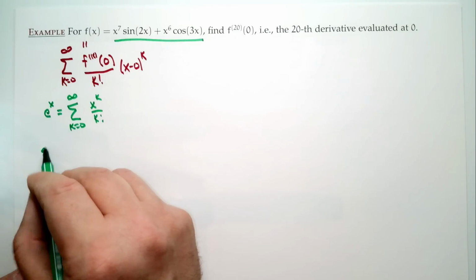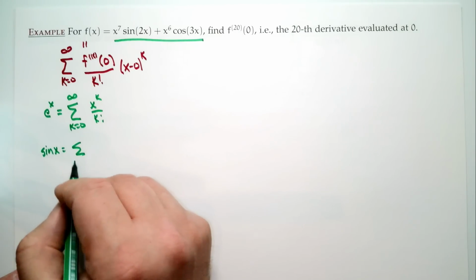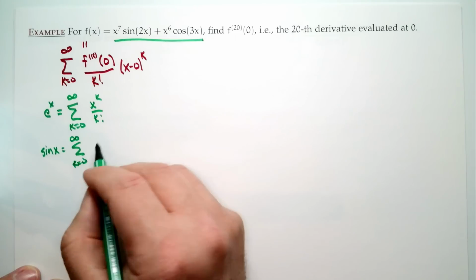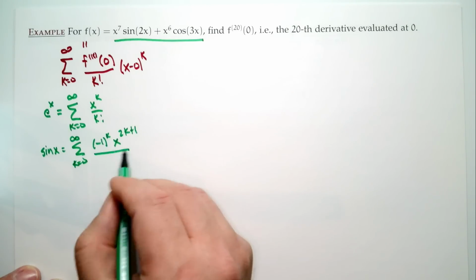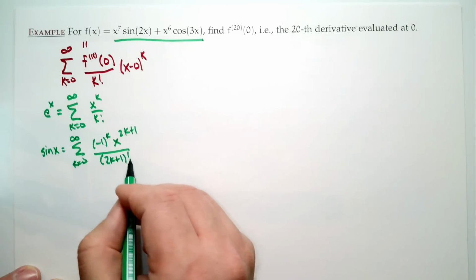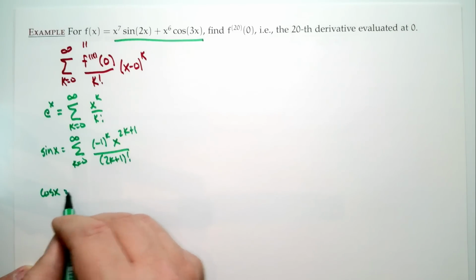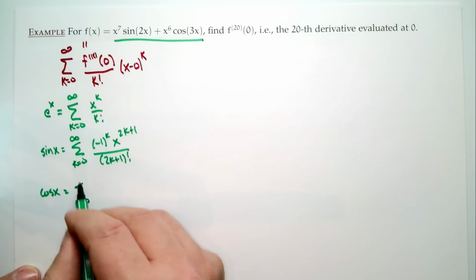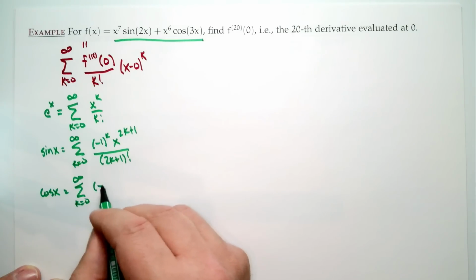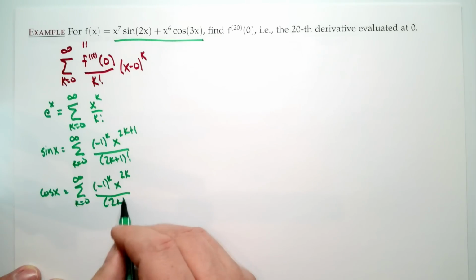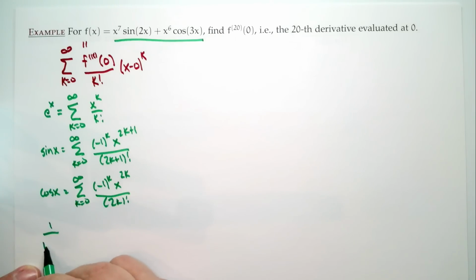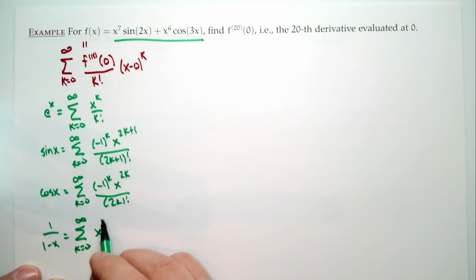You should know sine of x, summation k equals 0 to infinity, negative 1 to the k, x to the 2k plus 1 over 2k plus 1 factorial; cosine of x, summation k equals 0 to infinity of minus 1 to the k, x to the 2k over 2k factorial. And I'll throw in 1 over 1 minus x. But we've already mentioned this indirectly. That's the sum k equals 0 to infinity of x to the k.